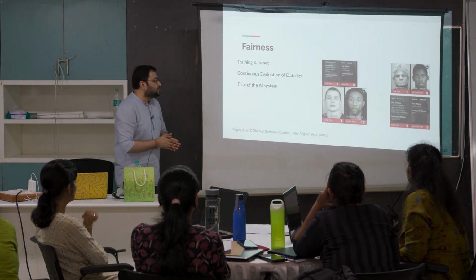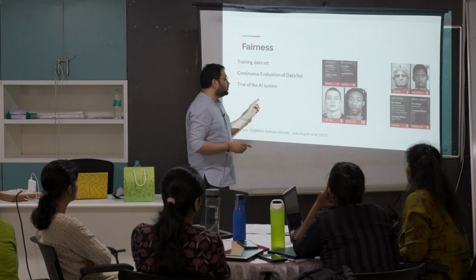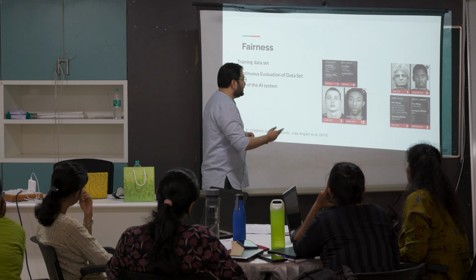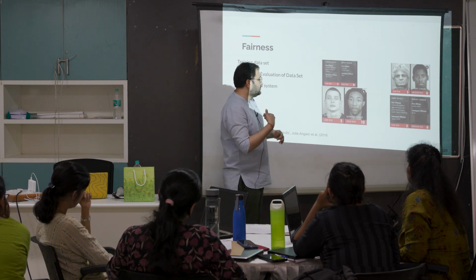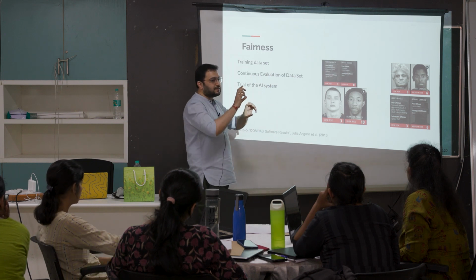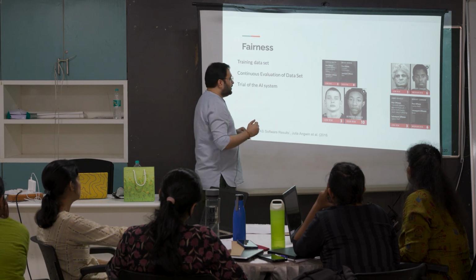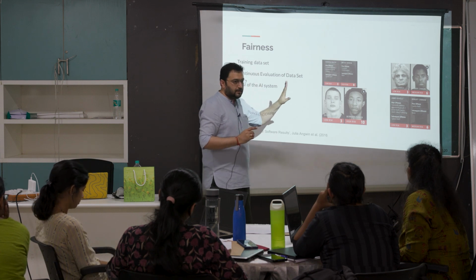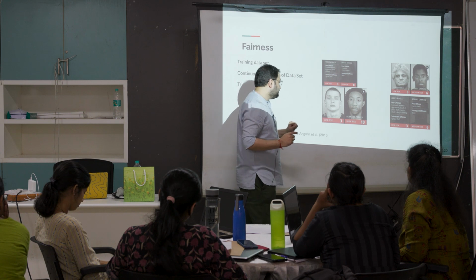Example. So this was in US. They took a lot of criminal data, right? And then they trained the system to identify basically all the convicts. They wanted to give them a risk scale, right? Now, when they tried out this algorithm, they were shocked by the kind of results that they got.